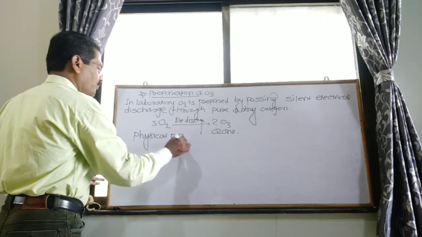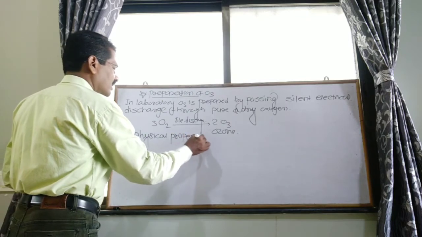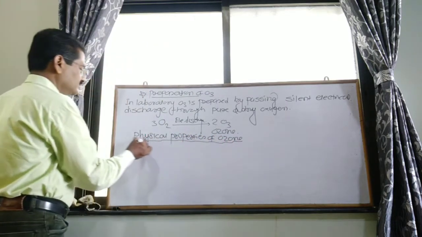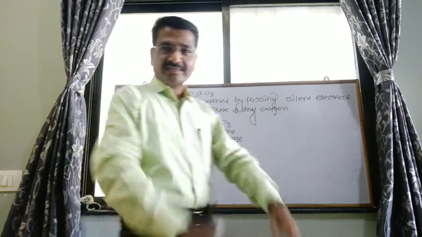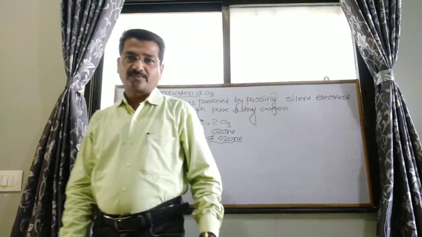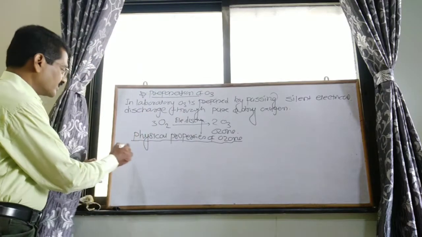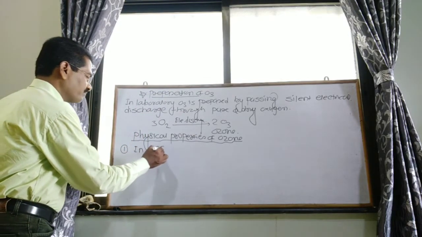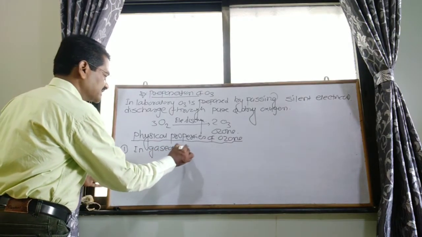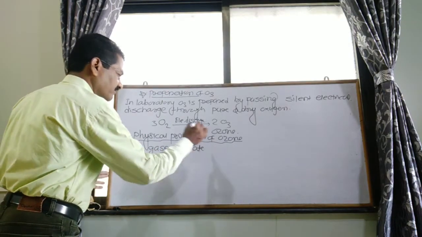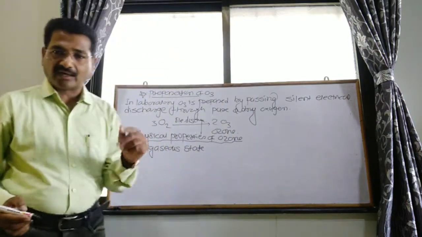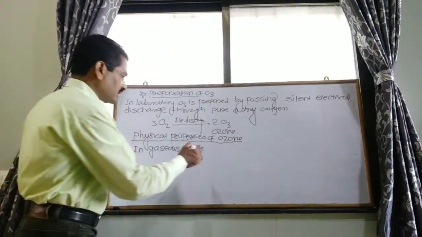Physical properties of ozone. First, the external appearance of ozone. In the gaseous state, ozone is pale blue in color.